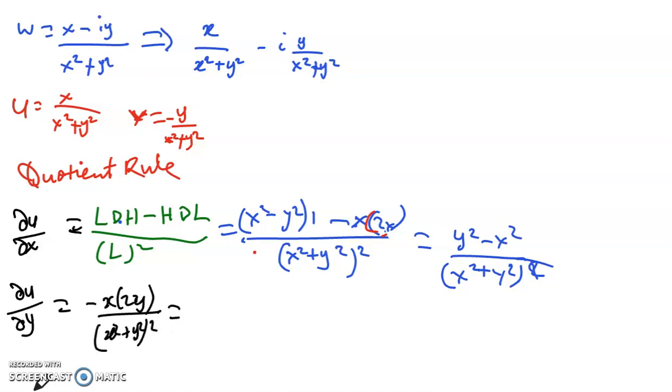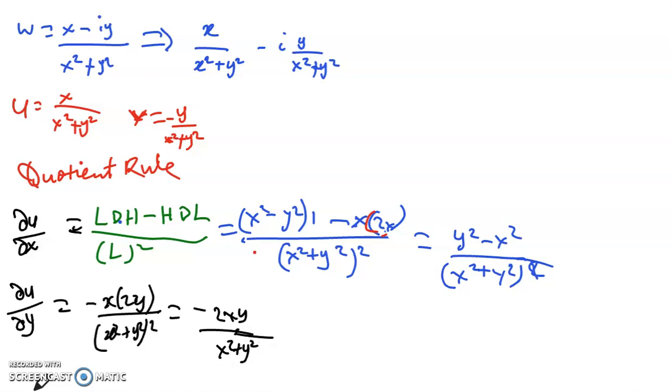You simply substitute using the quotient rule, and when we simplify, what we have here is negative 2xy divided by x squared plus y squared, all squared.